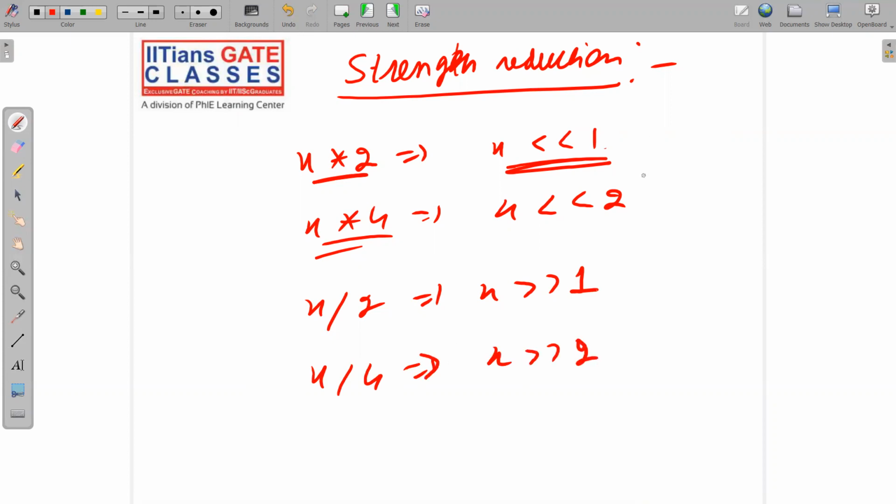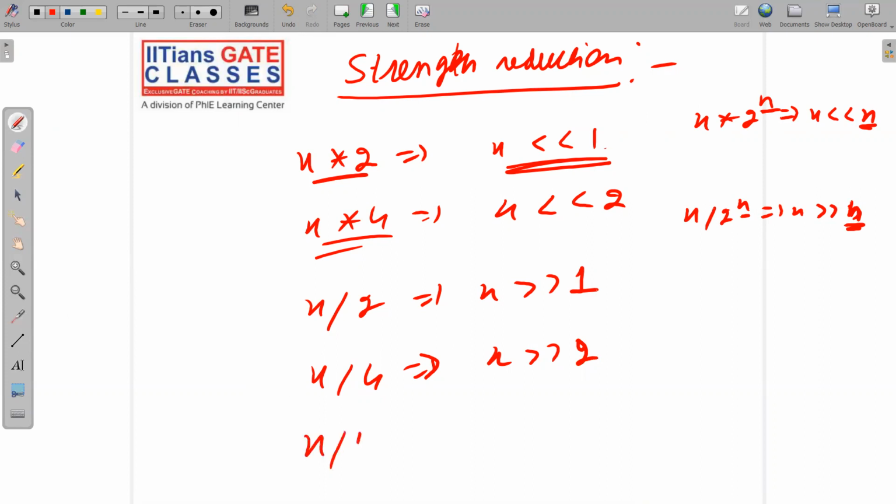So what exactly is done here? X multiplied by 2 power n means x left shift n. And x divided by 2 power n is x right shift n. For example, 4 is 2 power 2, so n is 2.